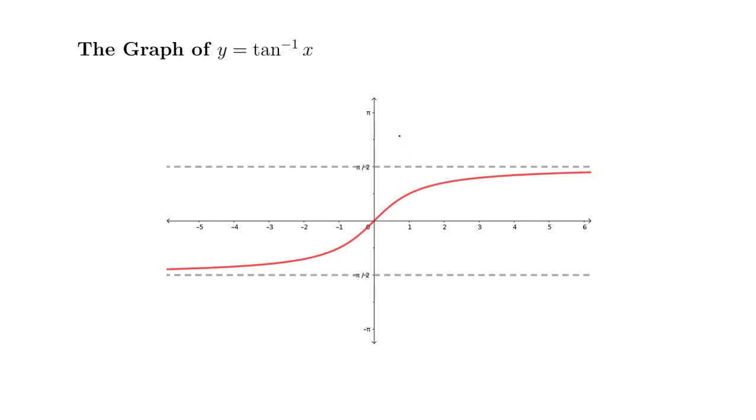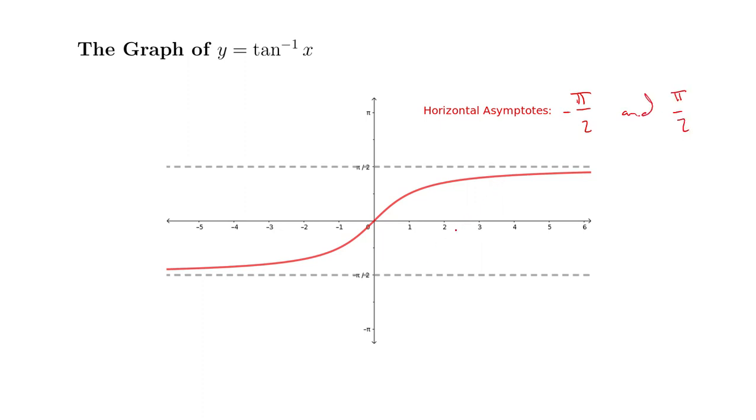So what we'll notice is that we have horizontal asymptotes. That's kind of new for us. Let me write that. Horizontal asymptotes. We've got 2 of them. One of them is at negative pi over 2, and the other at pi over 2.